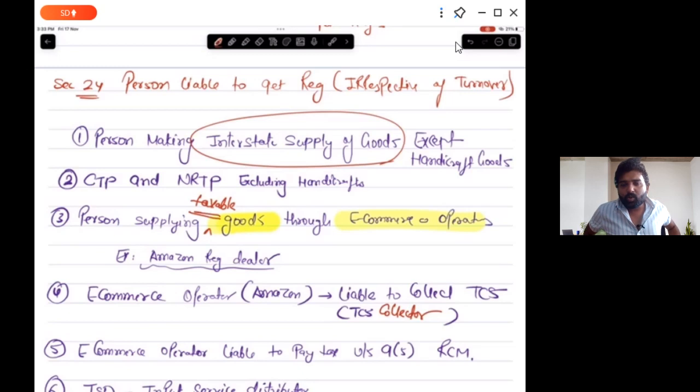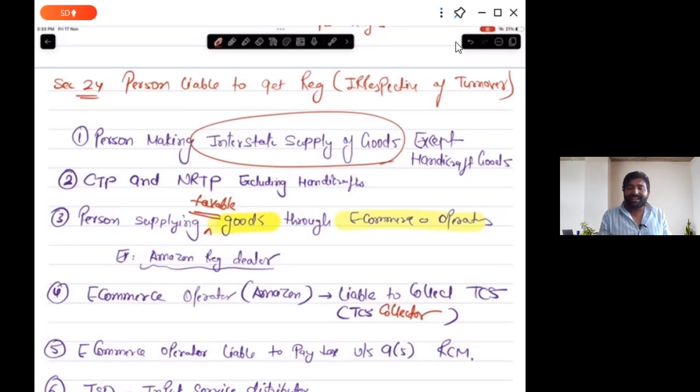So all the dealers who are listed on Amazon or Flipkart need to get registered under GST as well. Next are all the e-commerce operators, because they have a liability to collect tax at source. Therefore, they need to get registered as TCS collector.